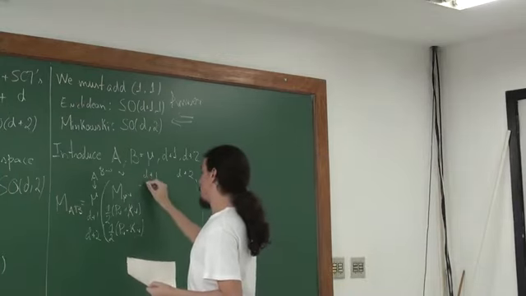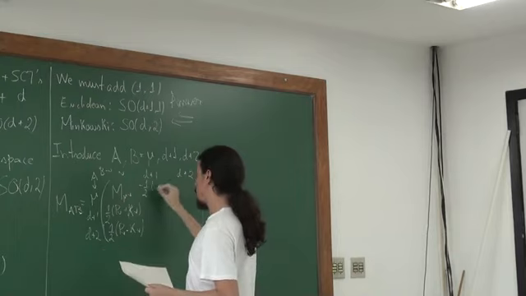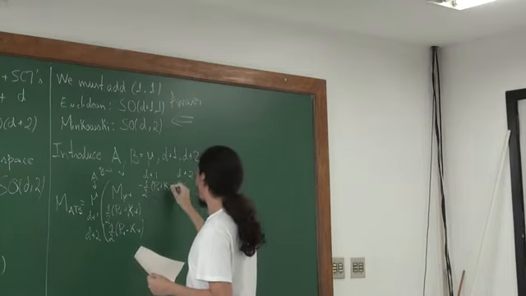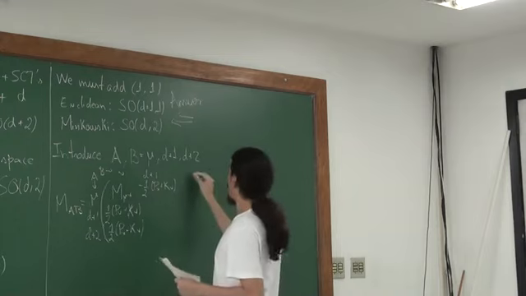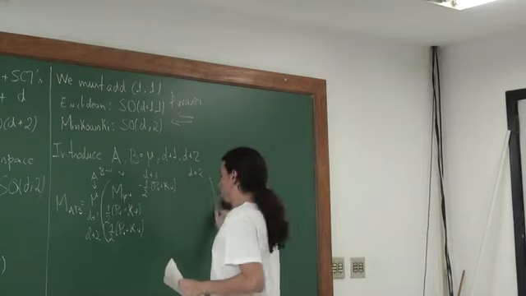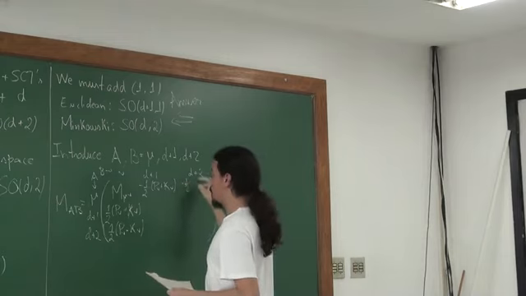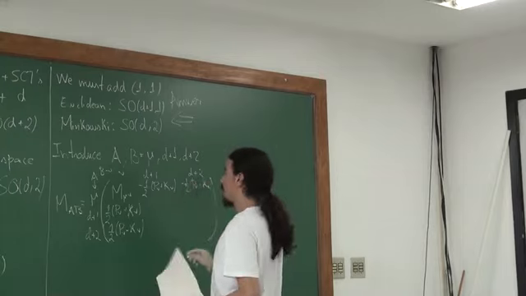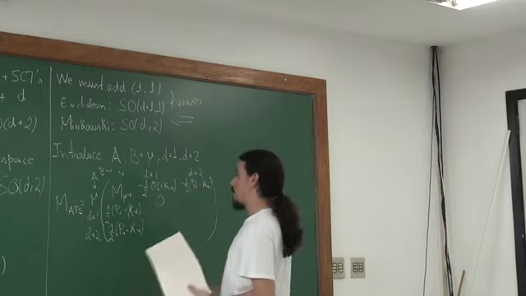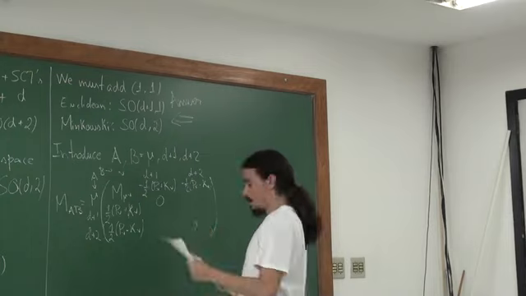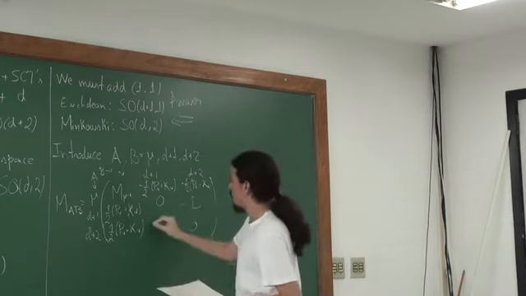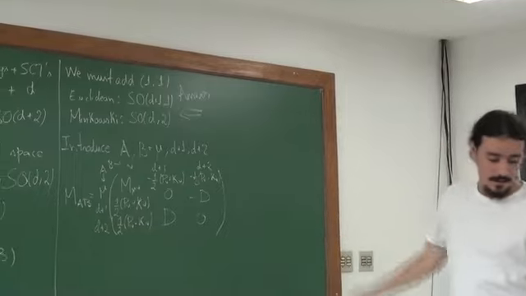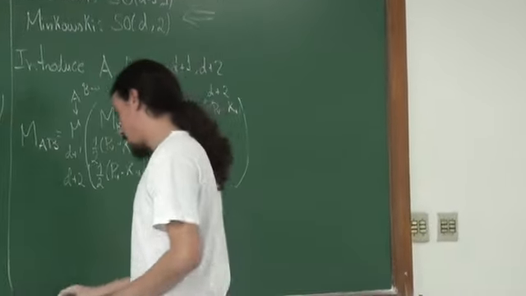And this would be an antisymmetric matrix, so here would be minus this one. So in the diagonal must be 0, and here we put minus D, and here we put D. Okay? Just construct this generator.